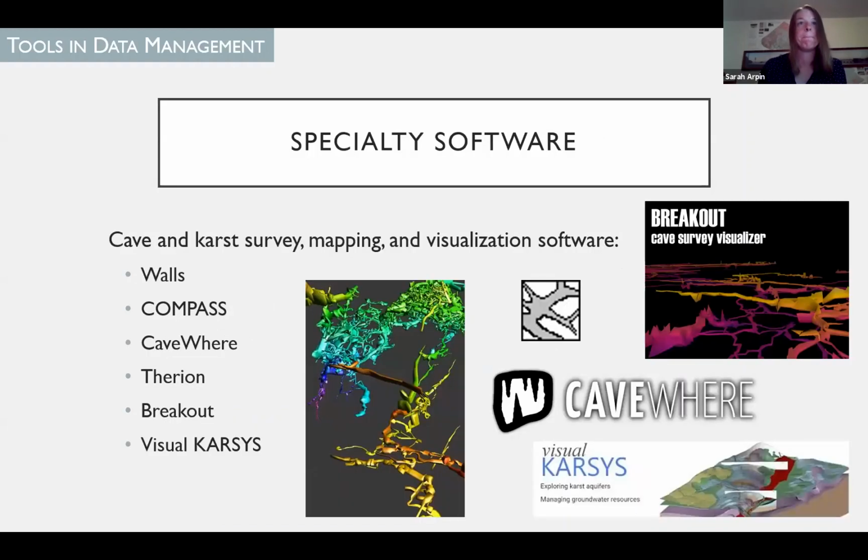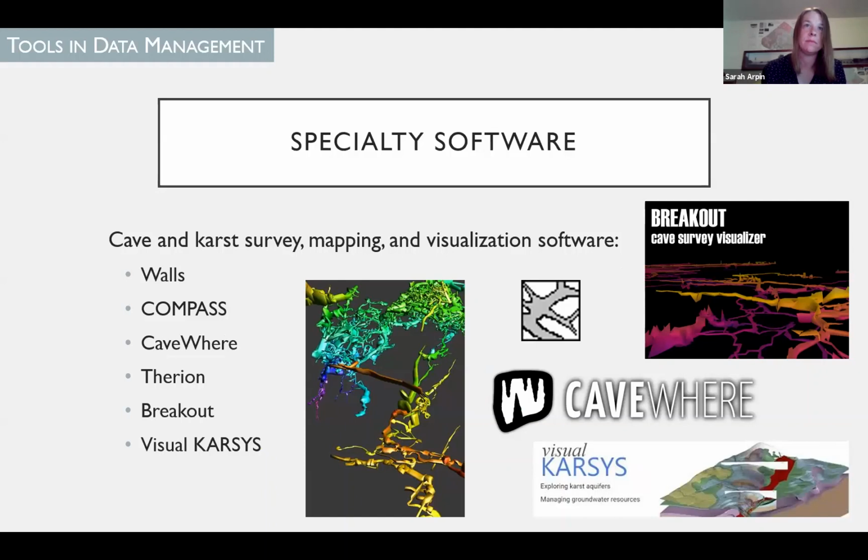Next. So there's also specialty software, and when we're talking about karst and cave related stuff, as we all know, there's a lot of specialty software out there that a lot of our citizen scientists, and I'll talk about that in a minute, use to collect the data, to analyze it, and to show it.